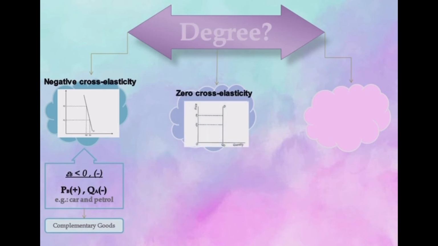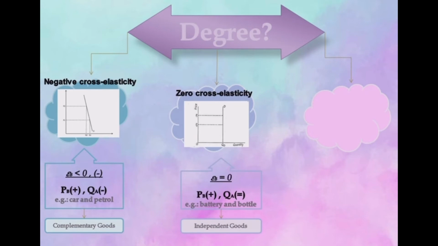Second, zero cross elasticity. We can know from the amount of cross elasticity equal to 0. So when we calculate using the formula and we get the answer 0, it means the relationship between good A and good B is independent goods.